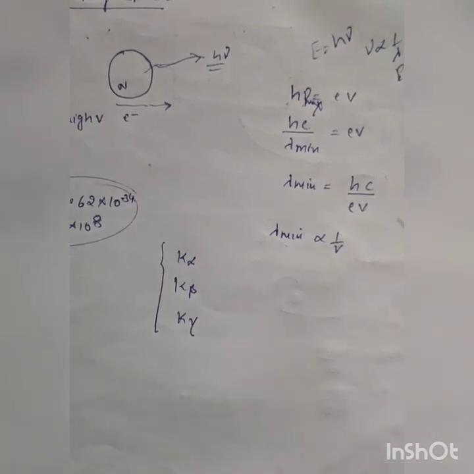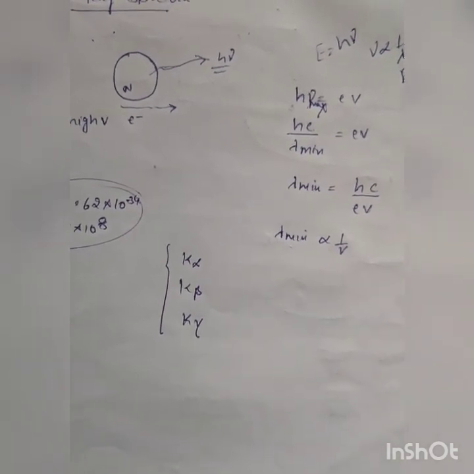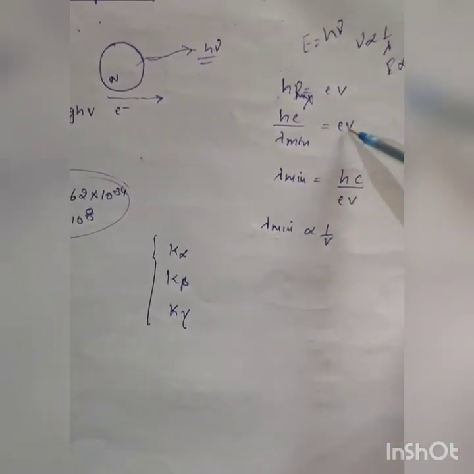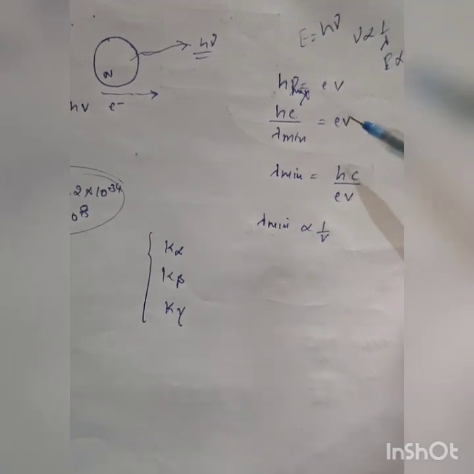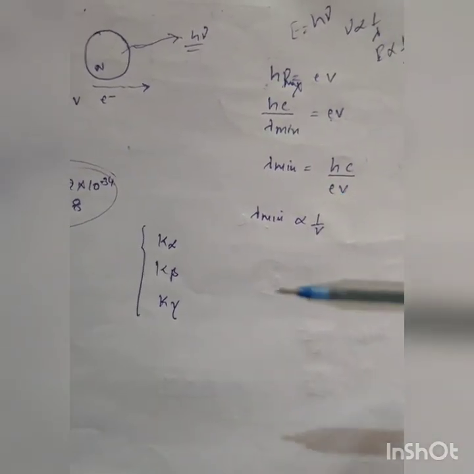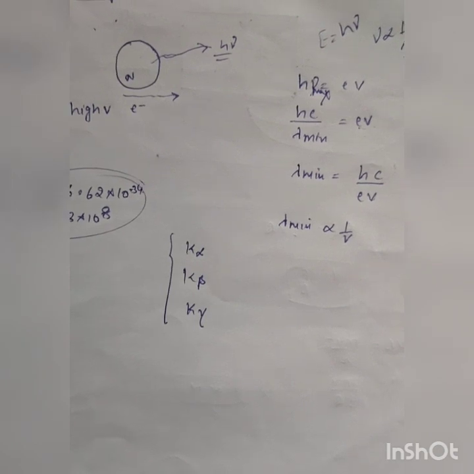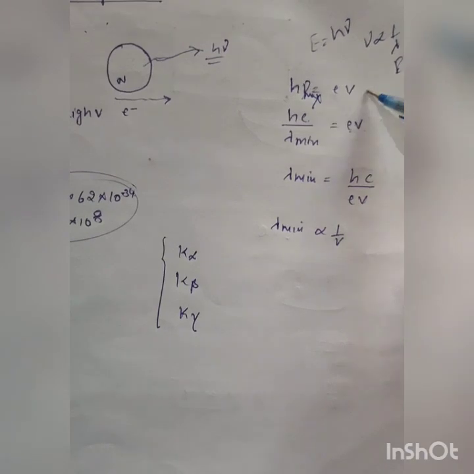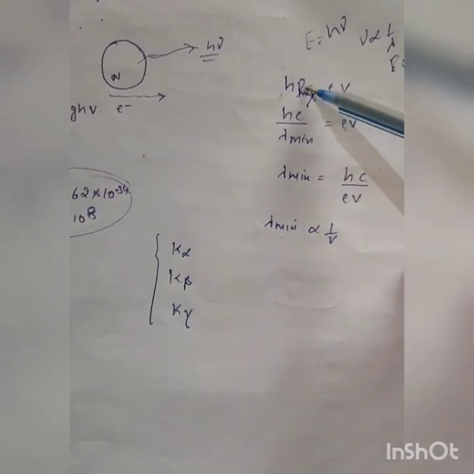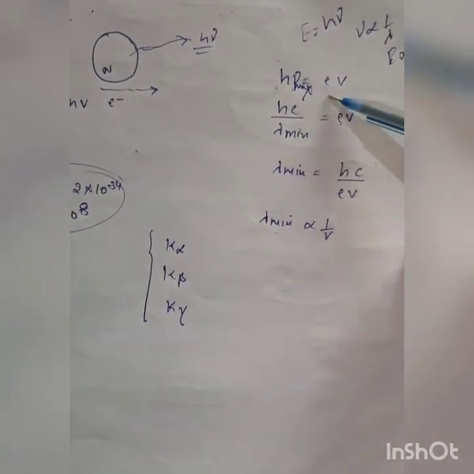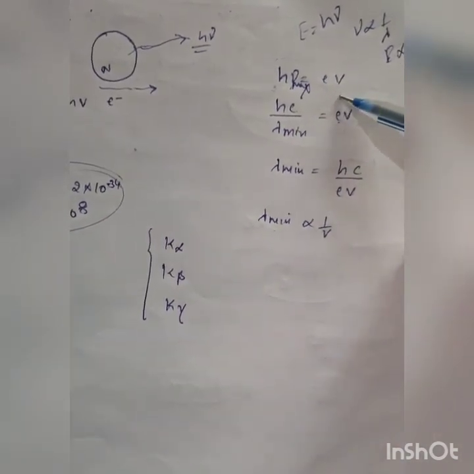This is equal to the kinetic energy in electron volts of the electron, denoted by eV, where e is the charge and V is the potential difference applied between the cathode and anode of the X-ray tube. So we can say that these two are equal: h nu maximum, the maximum energy of the X-ray photon, and eV, the maximum kinetic energy of the electron.